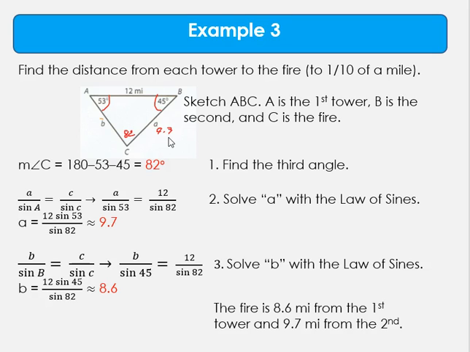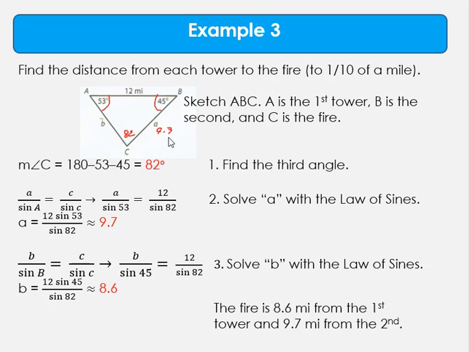Now, we're going to solve for b in the same way with the law of sines. So we have b over sine B, and we'll use c over sine C because we have that value. We'll have b over sine 45, so b is over the angle 45, and once again, the same ratio that we're equaling b to, which will be 12 over sine 82.